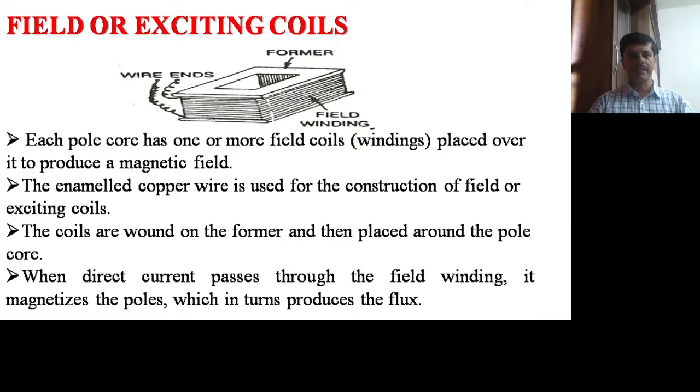When a DC current is passed through this winding, the coil gets excited and produces a magnetic flux. That flux is carried by the yoke and exists in the magnetic path.